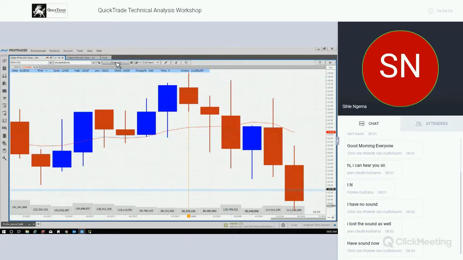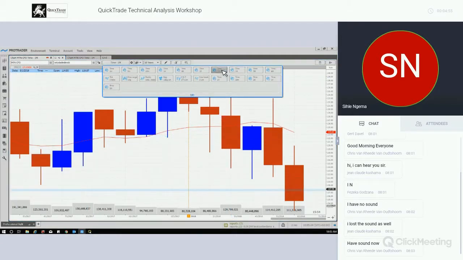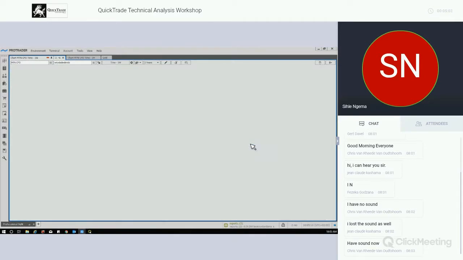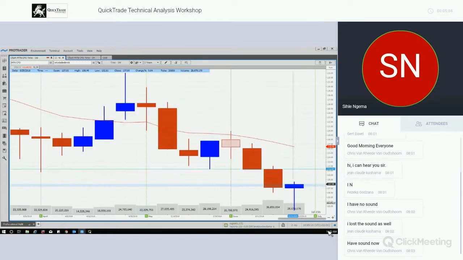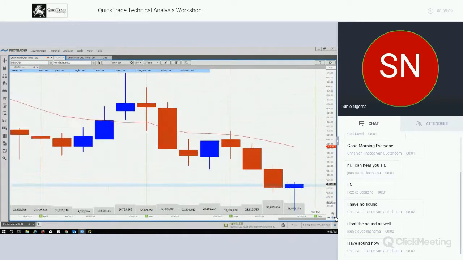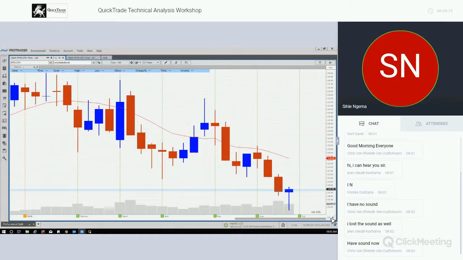Another thing that I need you to do is to look at your weekly time frames. I haven't had a chance to check all the shares that are looking like they are going to continue sliding in the first week of July, but what I need you guys to do is to look at your weekly time frame.